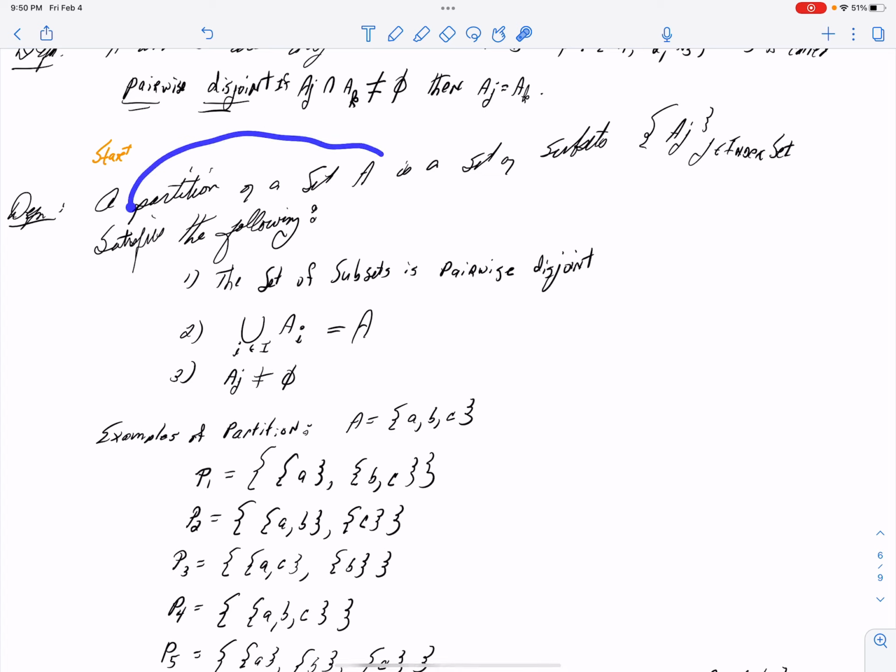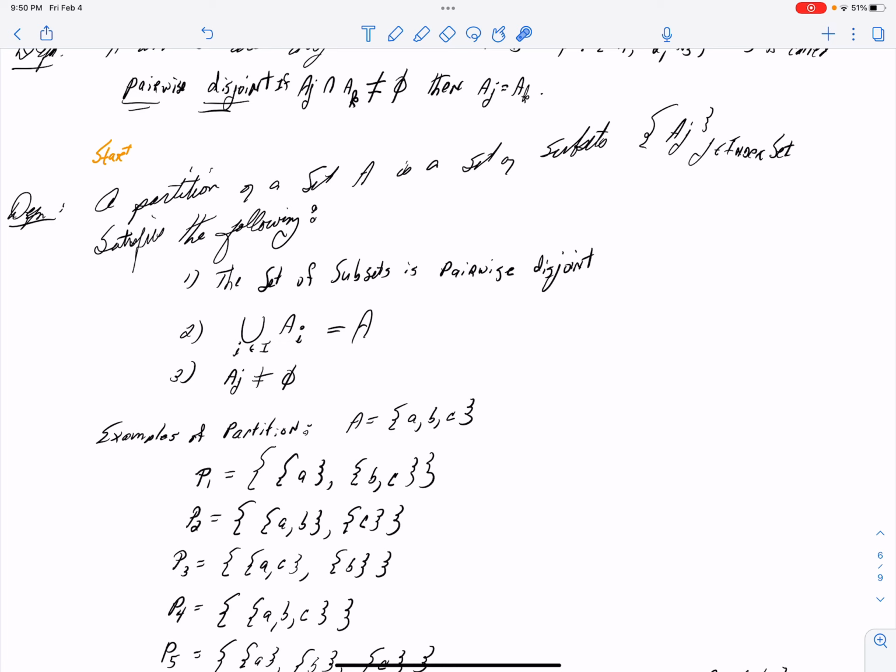A partition of a set A. So I'm going to take a set A and I'm going to partition it up. So I'm going to break it up. Now, if you think about partitioning a room into pieces, what is the property of those pieces? I'm going to claim one property is the pieces don't overlap.